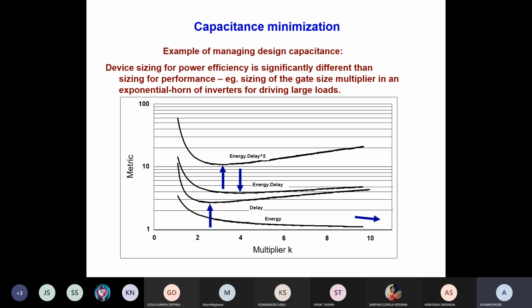Whatever dynamic power dissipation takes place in any type of circuit, by following those scaling techniques we reduce the dynamic power dissipation. Minimizing switched capacitance is another alternative approach to minimize the dynamic power dissipation.